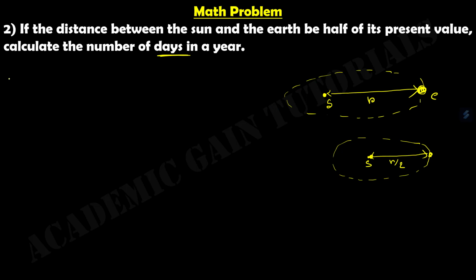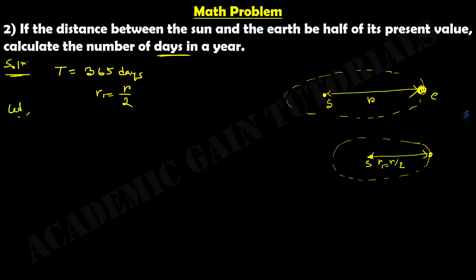So we know for the present situation, our time period T is 365 days. The earth moves around the sun in 365 days. This is our time period T. If our new distance is r1, then r1 is r by 2.